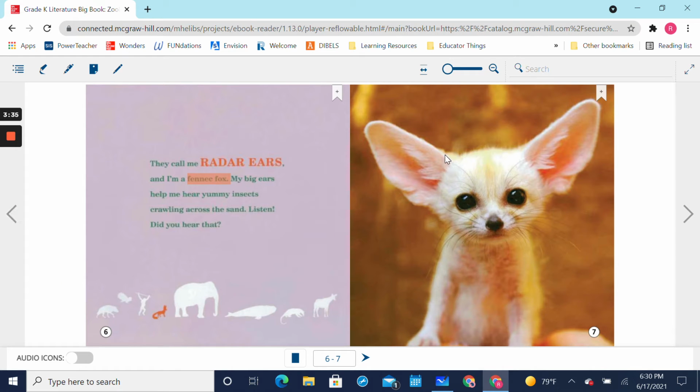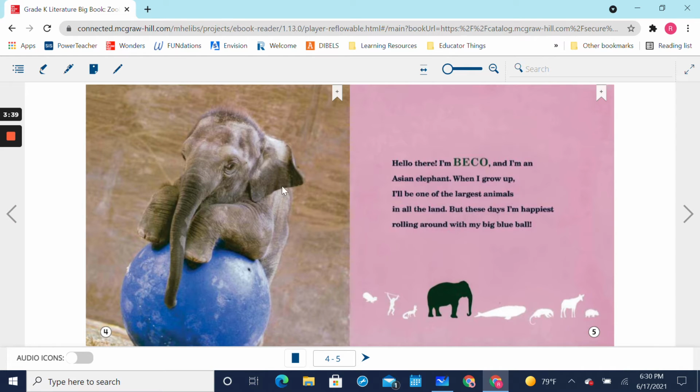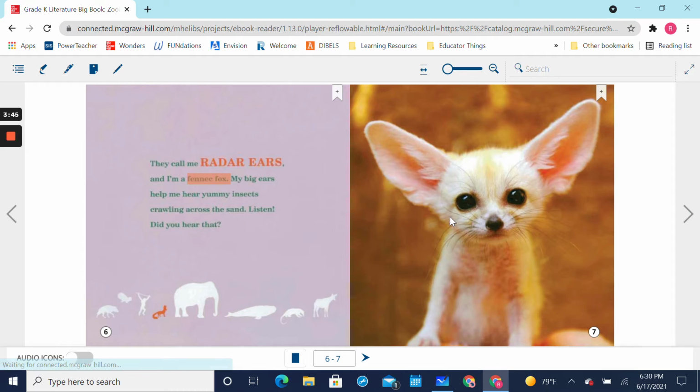If we look at our friend Radar Ears here, and we then look back at our friend Biko, what is something that you see that is the same about these two animals? What is the same?